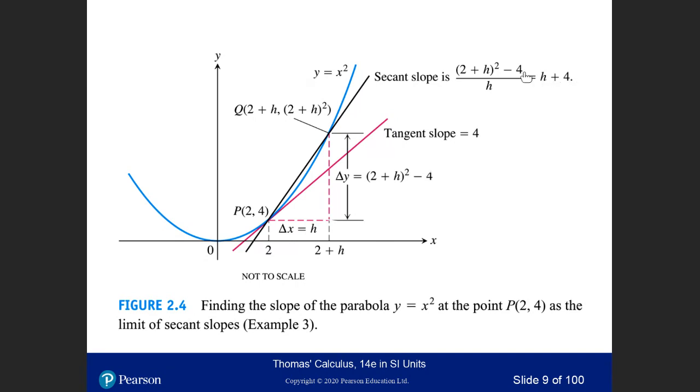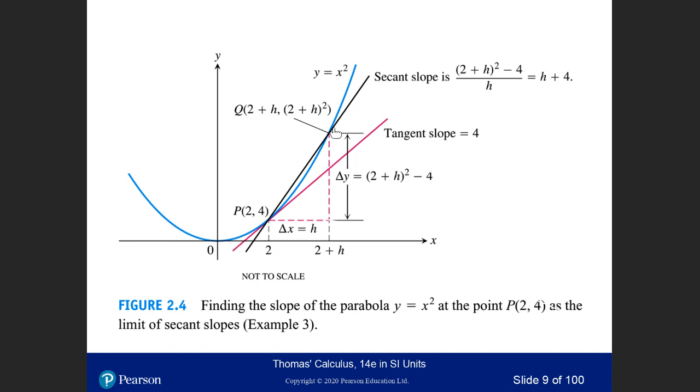Because if you calculate this, 4 plus 4h plus h squared, the 4's cancel out, the h cancels out, and you end up with h plus 4. Now what happens if I let h go slowly to 0?